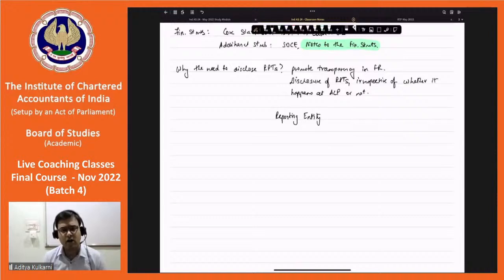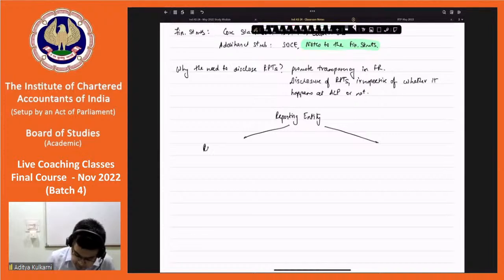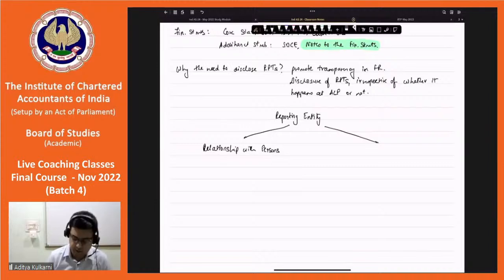So when I talk about who are related parties, this will be from two perspectives or two lenses. The first lens is relationship with persons. Persons means individuals. Okay. You, me, all these are living beings.